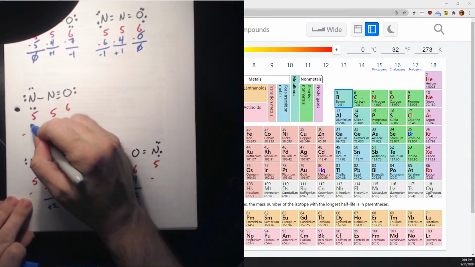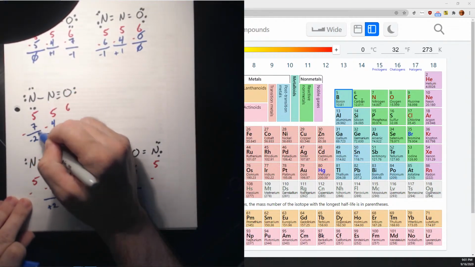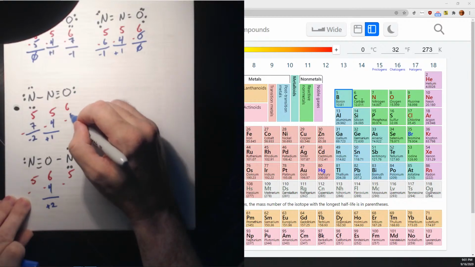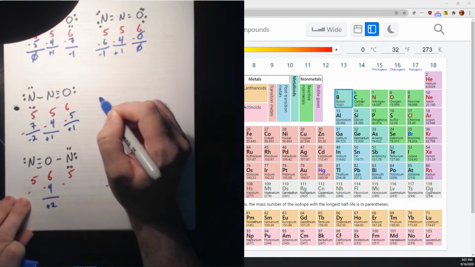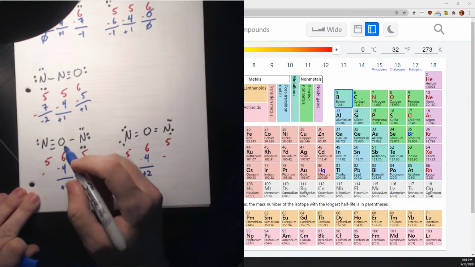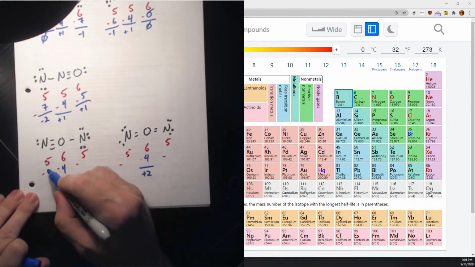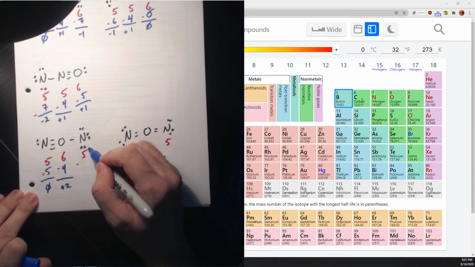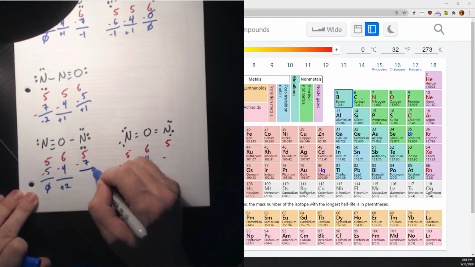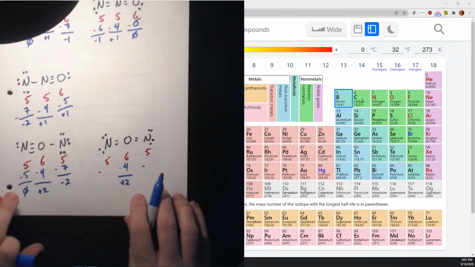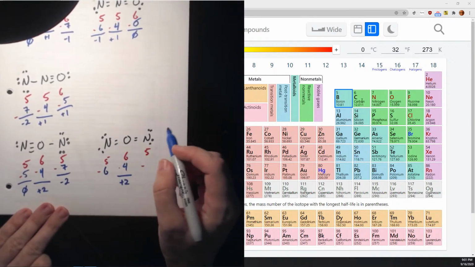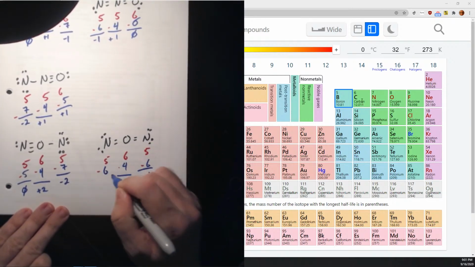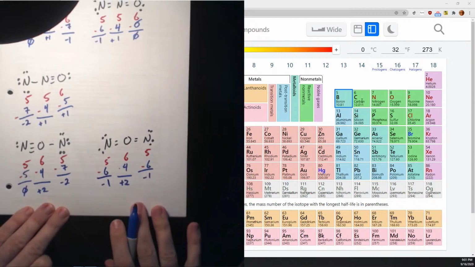Single bond, he owns 7 for -2. Single bond, he owns 5 for +1. He has a triple bond, so that's 5, so he has 0. This guy owns 7 for -2. Double bond is 6, double bond is 6. Each of these guys is -1.